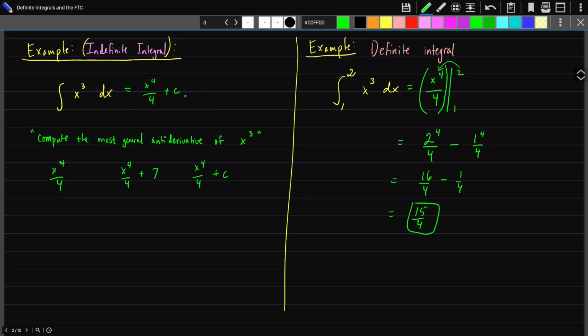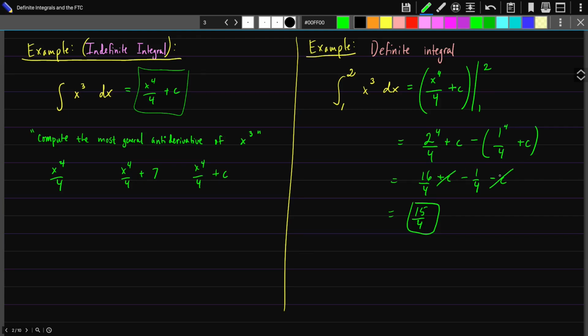But these things are related, because this thing is what we put in here to compute the definite integral. And actually, it would have been fine if we put in that arbitrary constant as well. If we had done that, what we would get would look like this, and then this plus c and this plus c cancel each other out, because this one gets a minus sign.